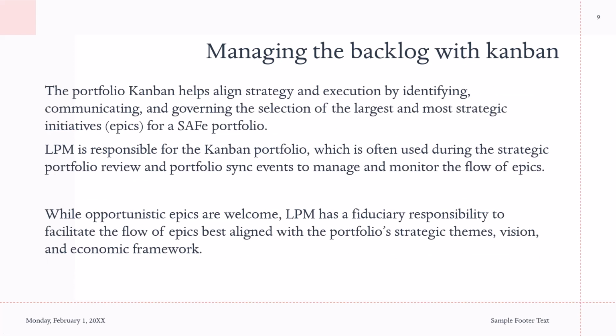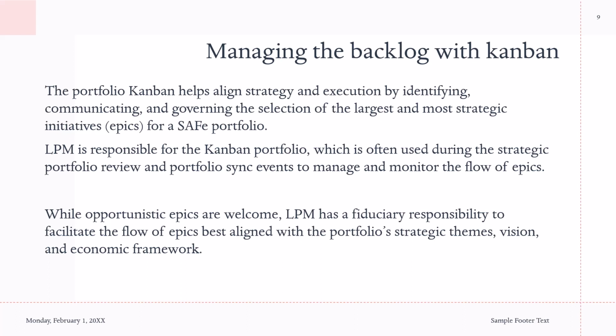So portfolio Kanban helps align strategy and execution by identifying, communicating, and governing the selection of the largest, most strategic initiative epics for the SAFe portfolio. As a strategy, you make sure that the epics you are undertaking align with the company strategy, mission, and vision.